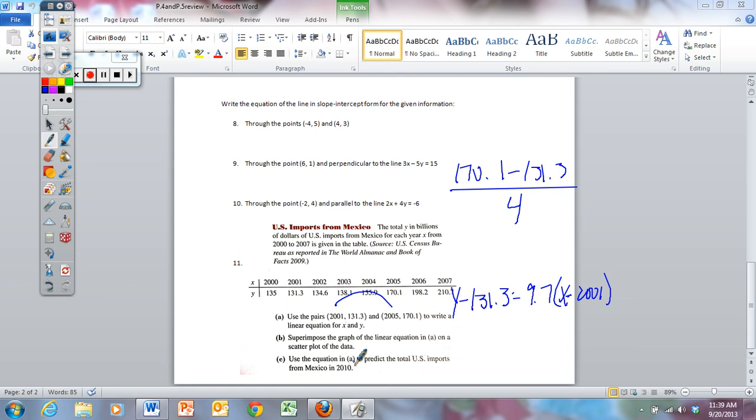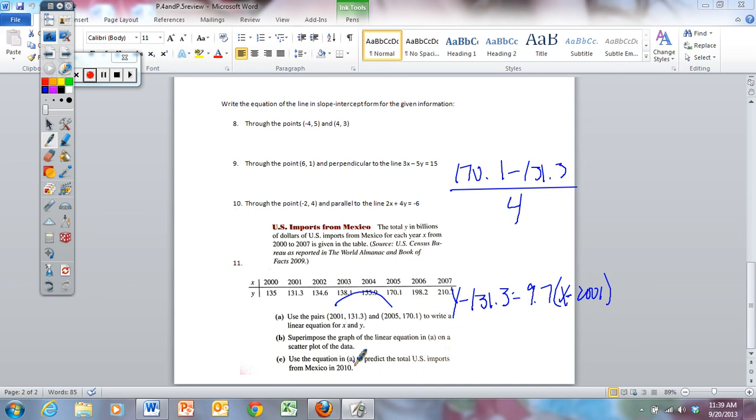So if I do this on the calculator, I'm going to go stat edit. In L1, I am going to use 0, 1, 2, 3, 4, 5, 6, 7. And in L2, I am going to enter 135 for year 0, 131.3 for year 1, 134.6 for year 2, 138.1 for year 3.